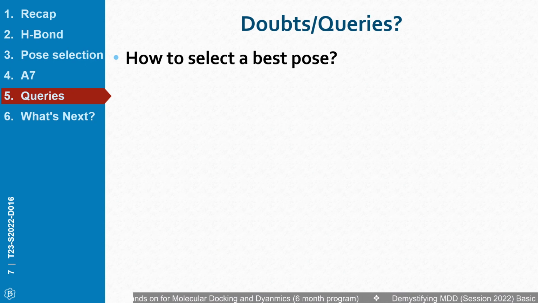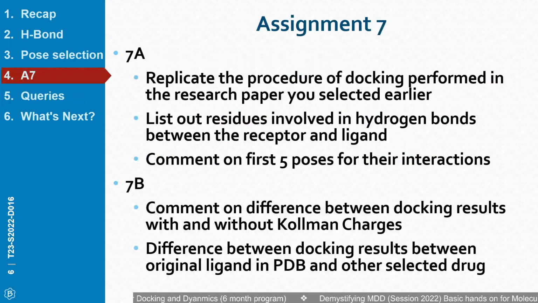Sir, my question was regarding the assignment. Whatever you have told about the 7D assignment, the antagonist should be the ligand. Actually, here we are performing molecular docking with protein and ligand or small molecule.